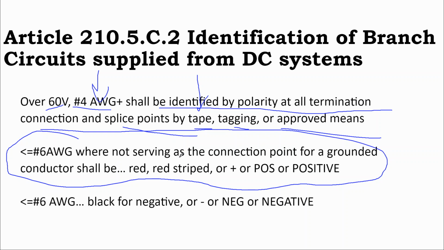And it says number 6, not serving as the connection point for a grounded conductor. What it's saying is we use red for positive and black for negative on the DC side of things. And what that means is solar installers commonly use number 10, commonly number 8, sometimes number 12.